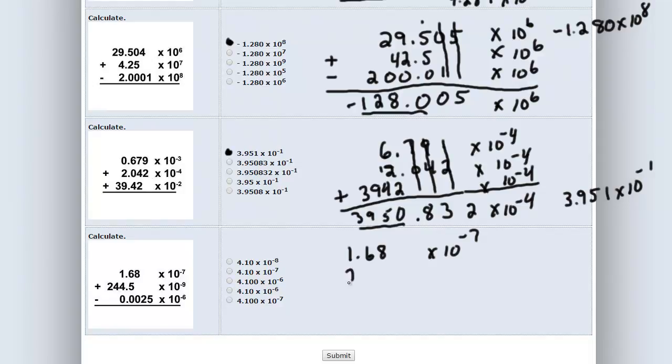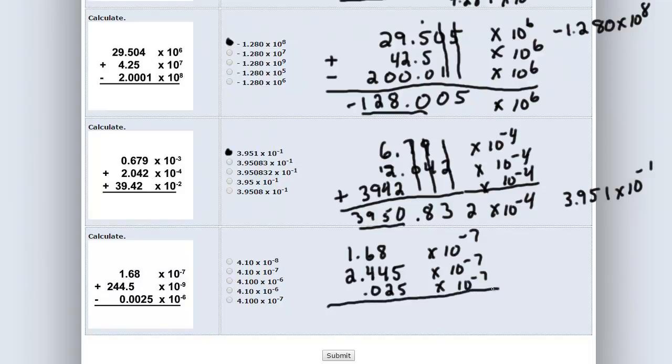That's going to be 2.445 times 10 to the -7. And then I'm going to bring this decimal point over, 0.025 times 10 to the -7.